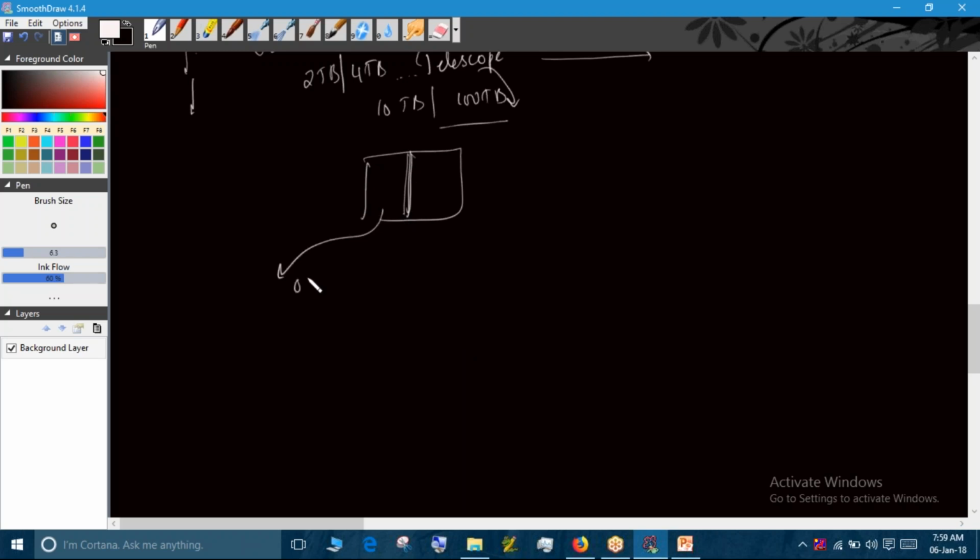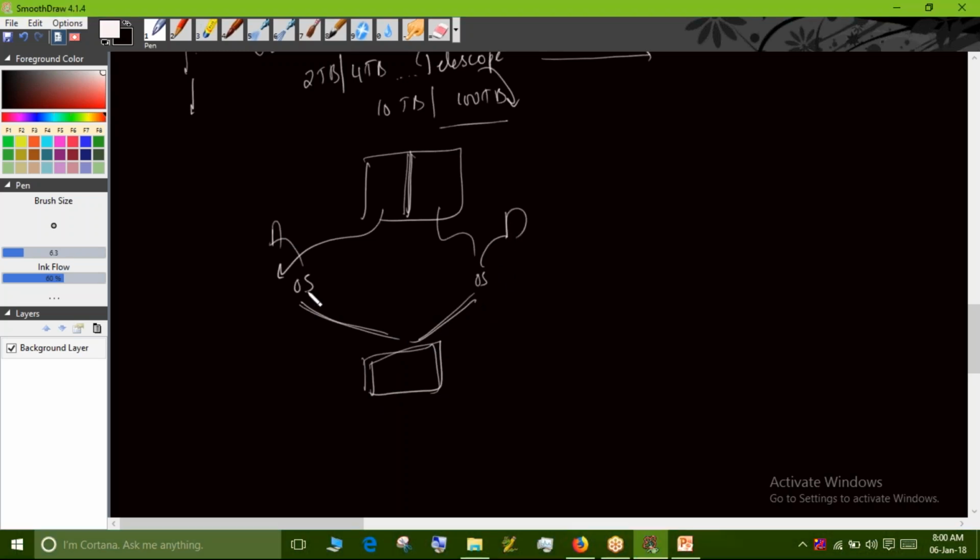This I store on one OS and this I store on another OS. But ultimately both should look like a single storage to me. They may be multiple operating systems, each managing one, but ultimately it should look like one unit to me, not like two units.